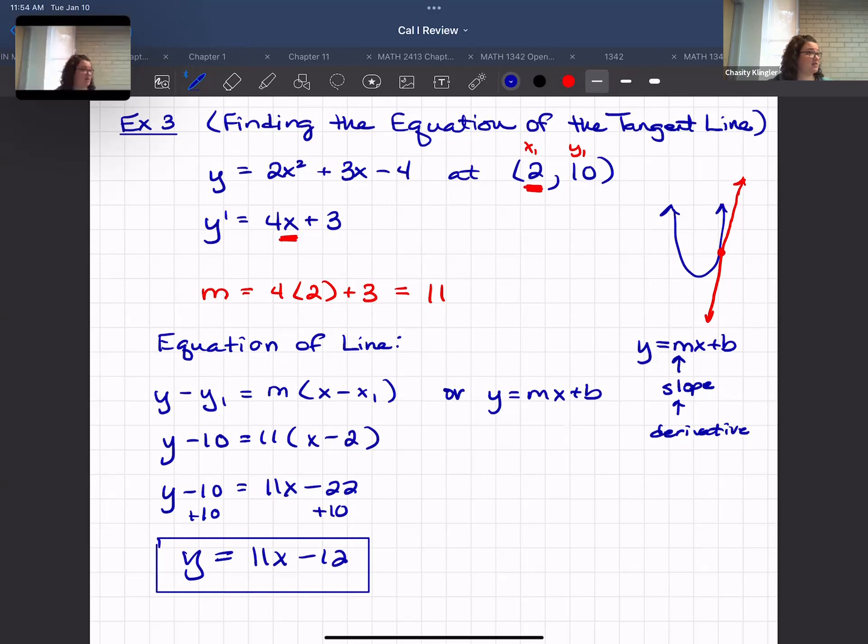So that is the equation of the tangent line at that point, not just the slope. Okay, we covered half of Cal 1 today.